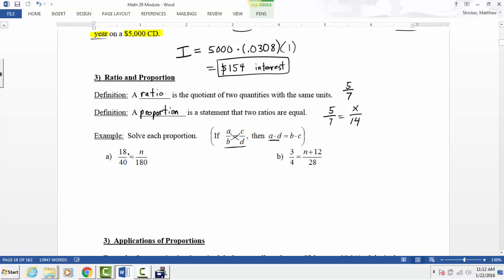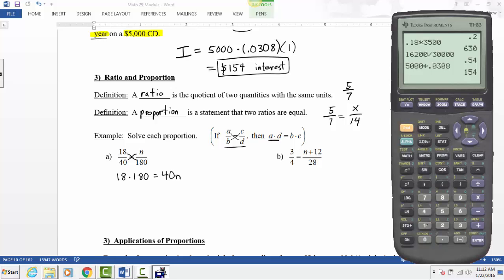Here we take 18 times 180. That has to be equal to this cross multiply, 40 times n. 18 times 180 is equal to 3,240.